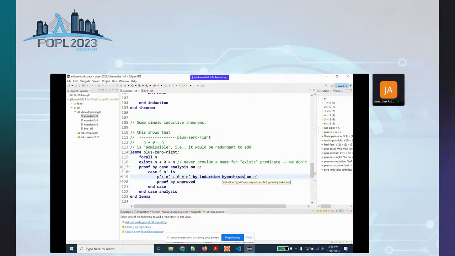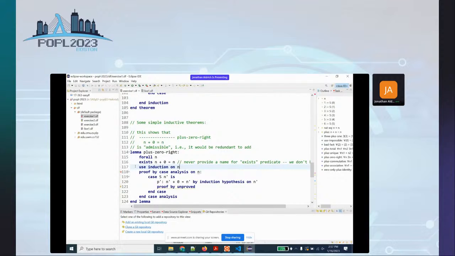But at this point, because of a weird thing about the way we did mutual induction, we currently allow you to always do induction on the first argument, even if you don't say you are. So that looks unsound. But the induction hypothesis says, hey, you need an explicit proof by induction. So at the beginning, before our proof, we write use induction on n. This is basically a declaration that we are doing induction on n.